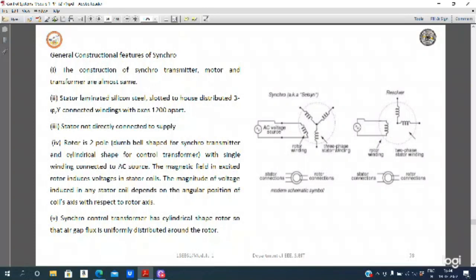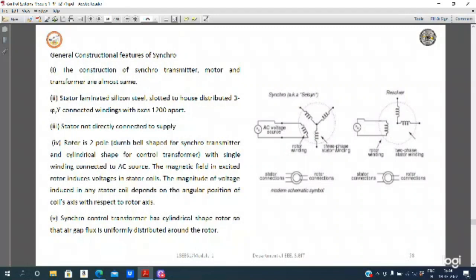The magnetic field of the excited rotor induces voltage in the stator coil. The magnitude of voltage induced in any stator coil depends on the angular position. So the stator as well as rotor position is mainly dependent on the angular position of the coil with respect to the rotor axis.